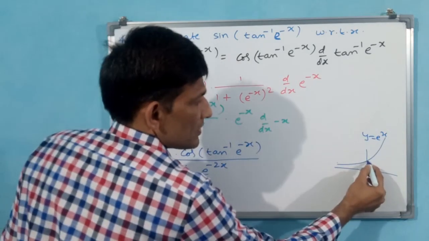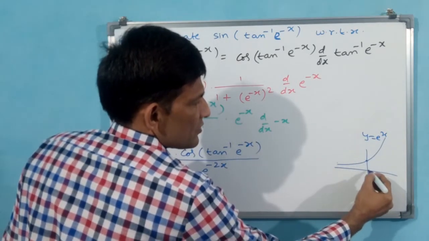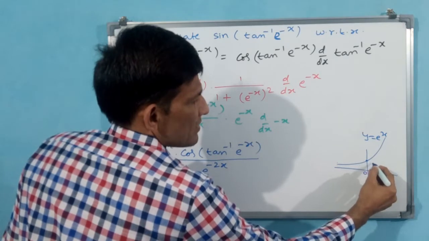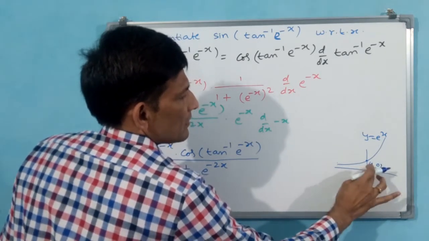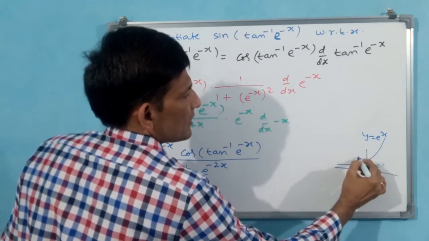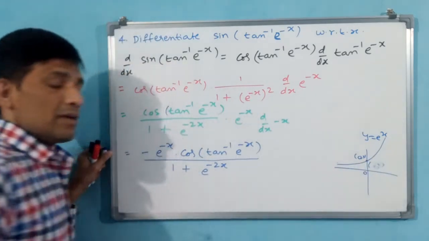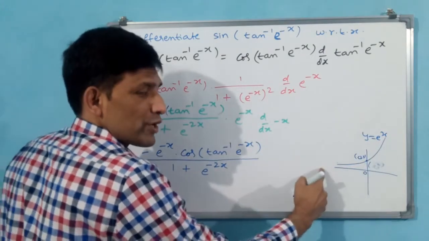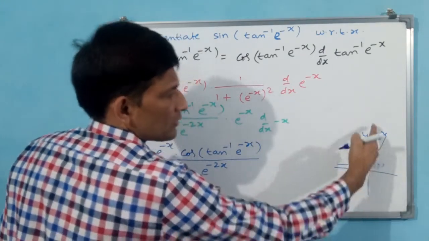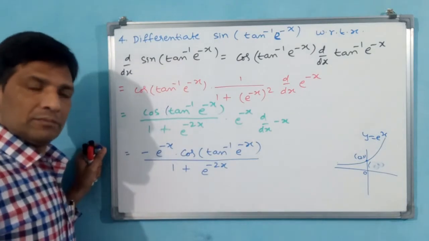You see, when x is 0, y is 1, not 1, 0 but 0, 1. That means for the exponential function, x you can give negative, positive, or 0. There is no restriction. You understand?